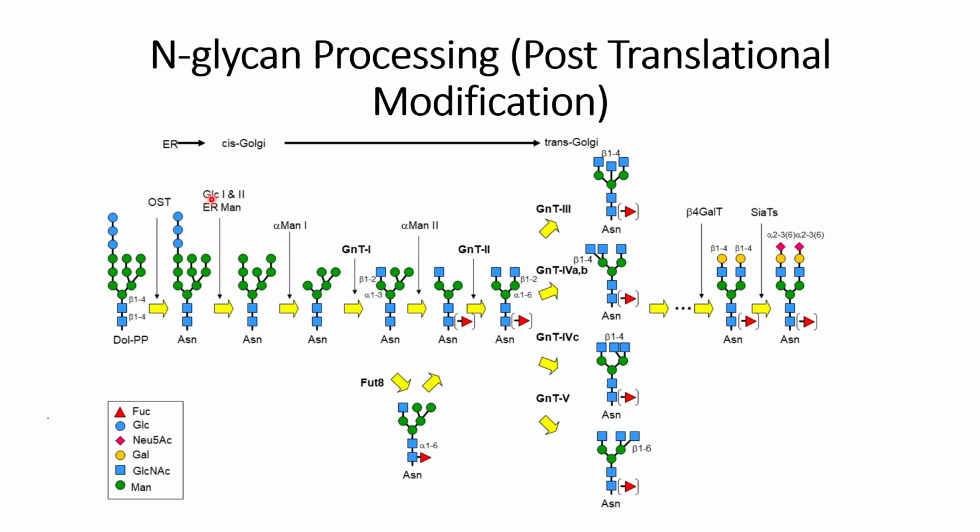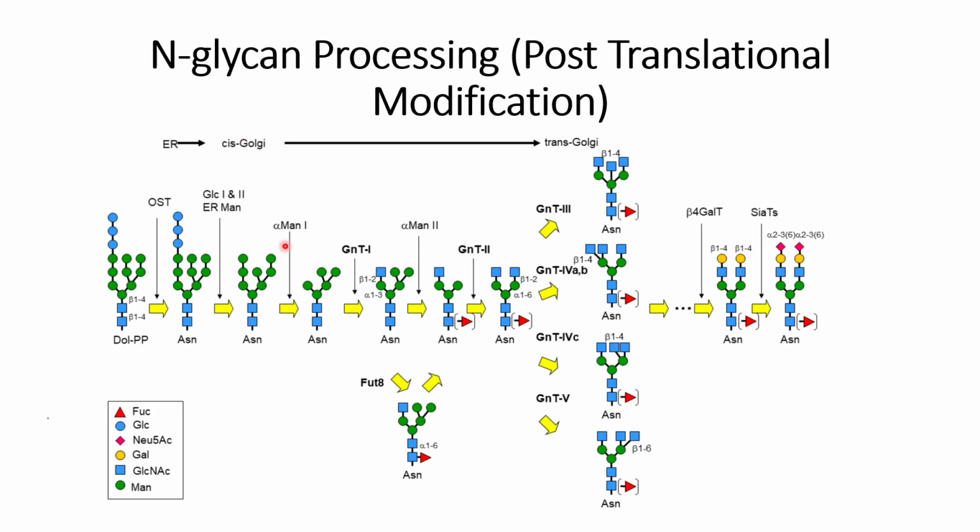Thereafter, with the help of glucosidase 1 and glucosidase 2 within the endoplasmic reticulum, the glucose monosaccharides are trimmed off one by one, till the protein acquires its native structure. It will have this kind of monosaccharides, and it will then move into the cis part of the Golgi, that is shown here.